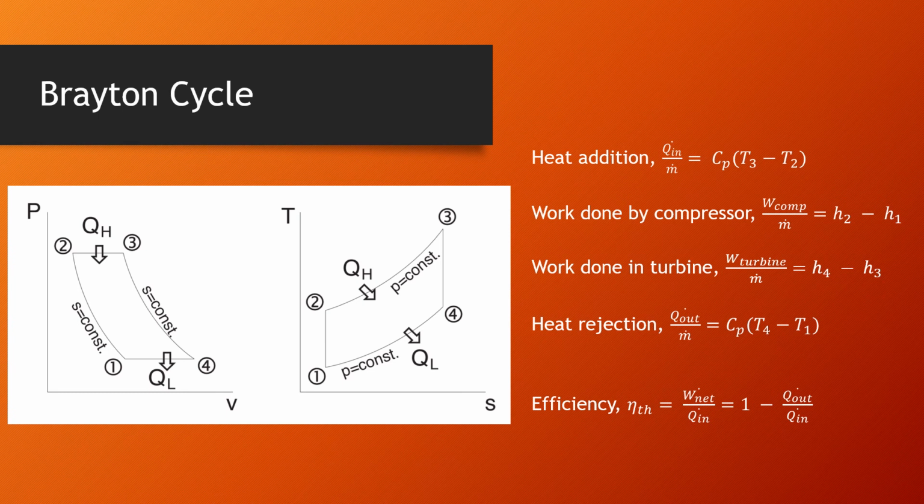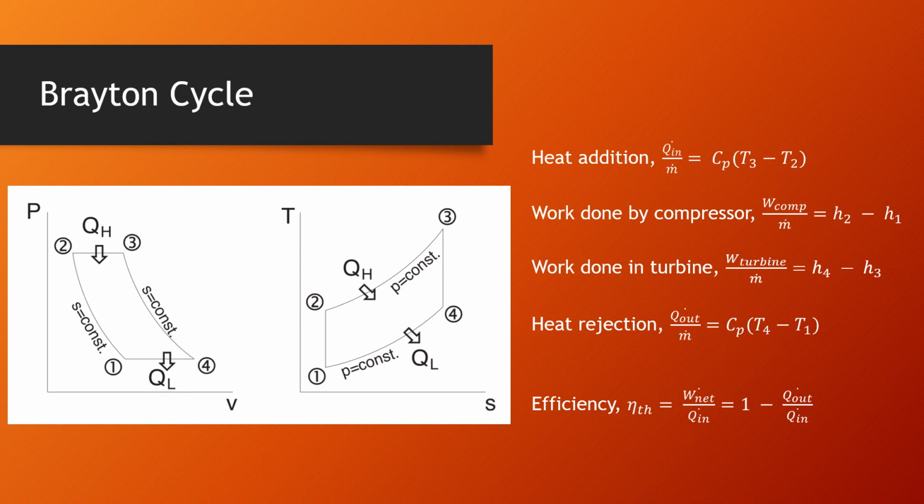Similarly, the work done in the turbine can be found out by the enthalpy difference of the working fluid between the exit and inlet of the turbine. The heat rejection or Q out can simply be found out by mCp (T4 minus T1).